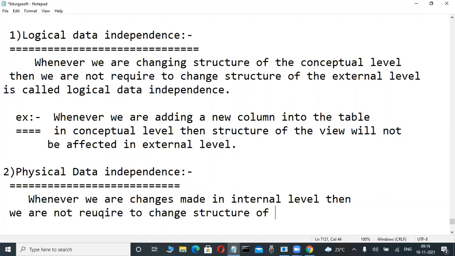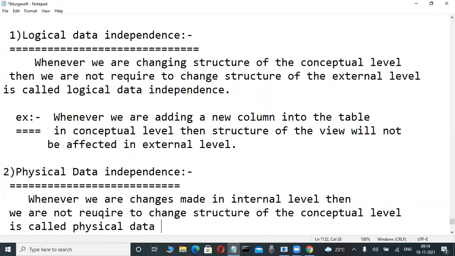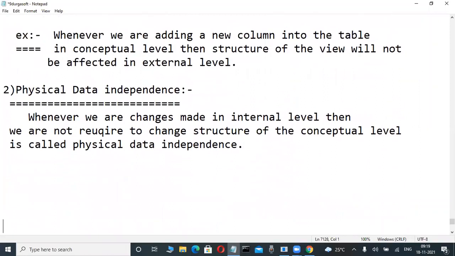That is called physical data independence. Write fast.